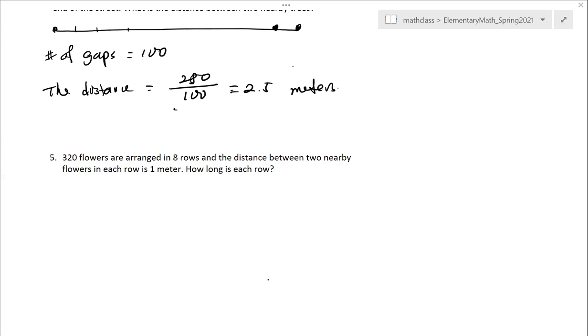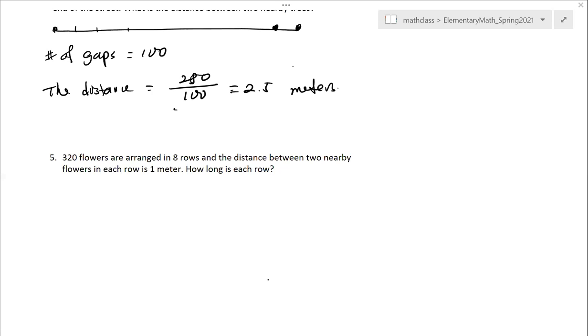Okay, and Andy, how many flowers in each row? You have 8 rows, 320 flowers.